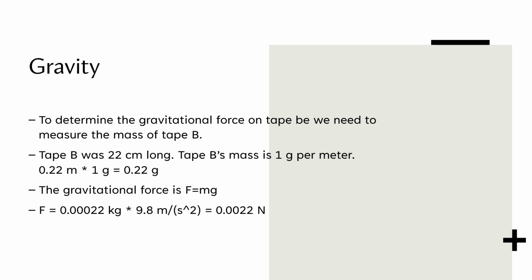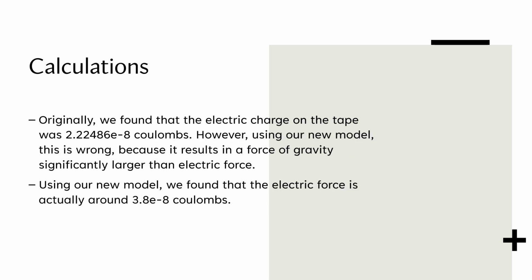So we had to measure the gravity, which we did using F equals mg. In our first experiment a few weeks ago, we found that the electric charge on the tape was 2.2 times 10 to the negative 8 coulombs, but using our new model we found this is wrong because it results in a force of gravity significantly larger than the electric force.